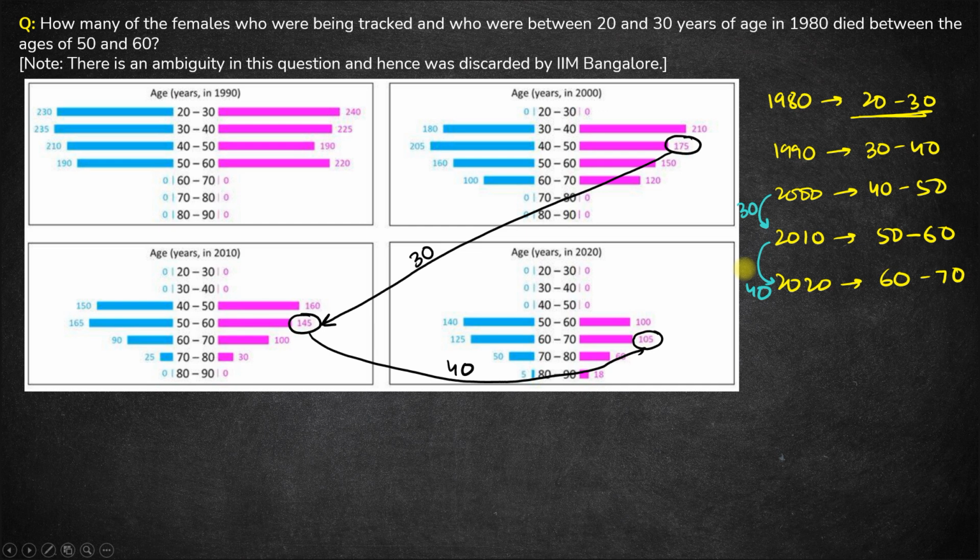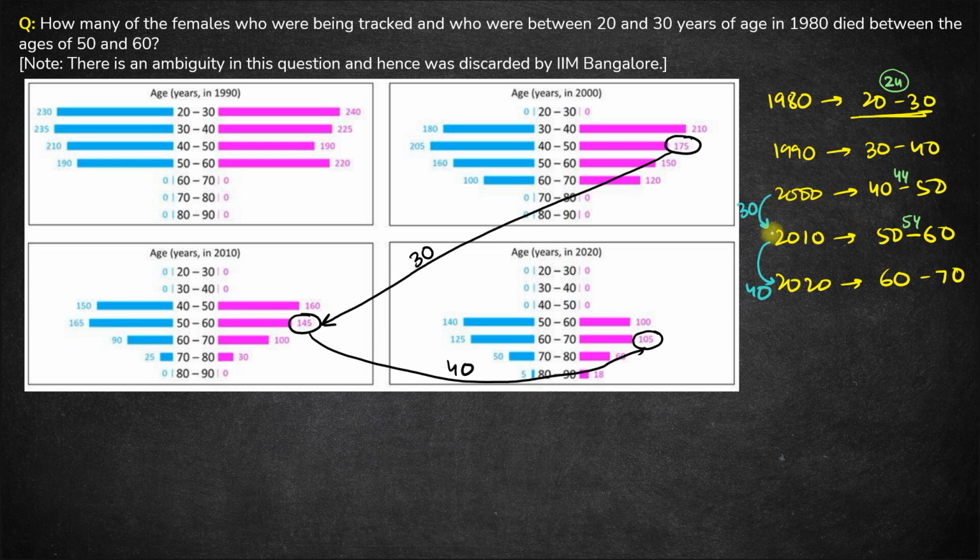Now, if you talk about a particular woman, let's say who was 24 years of age in 1980, and if she is still alive in 2010, she would have been at the age of 44, right? And next decade she would have been at the age of 54.